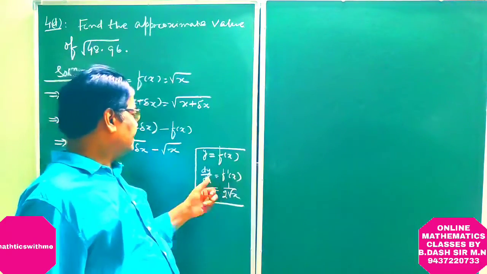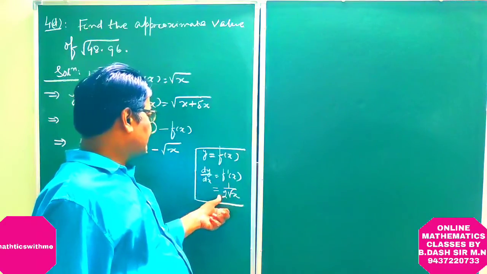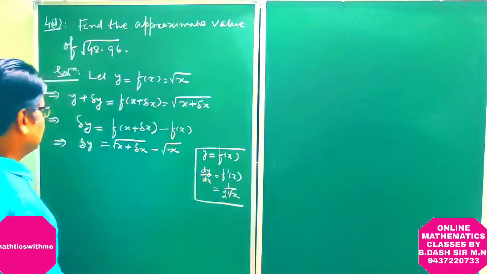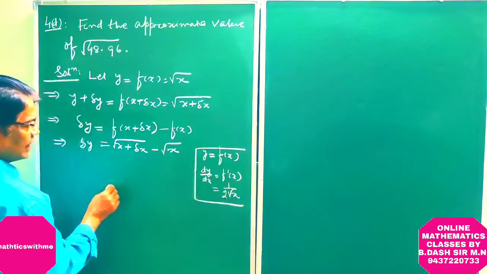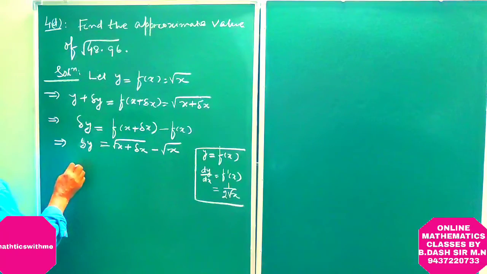We have y is equal to f(x), dy by dx is equal to f dash of x is equal to 1 by 2√x. So then dy is equal to 1 by 2√x into dx.